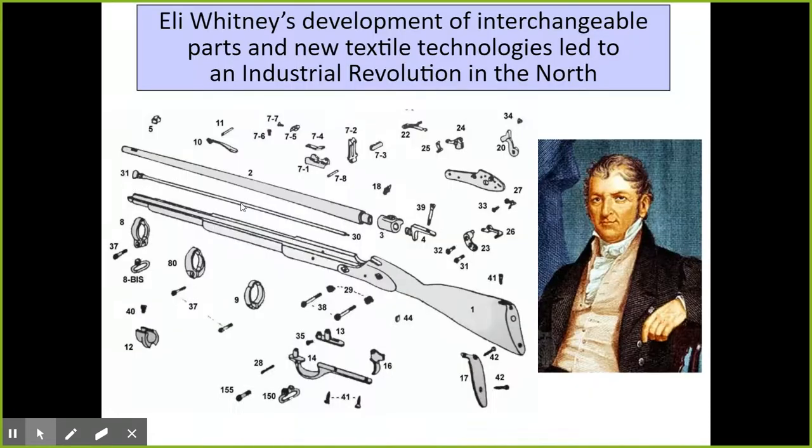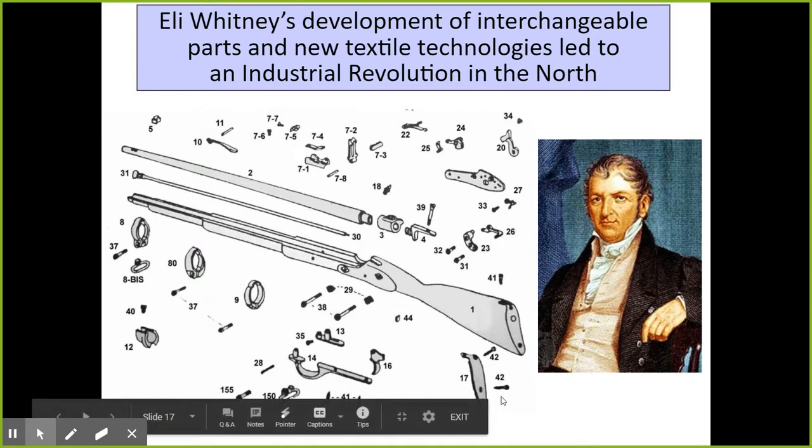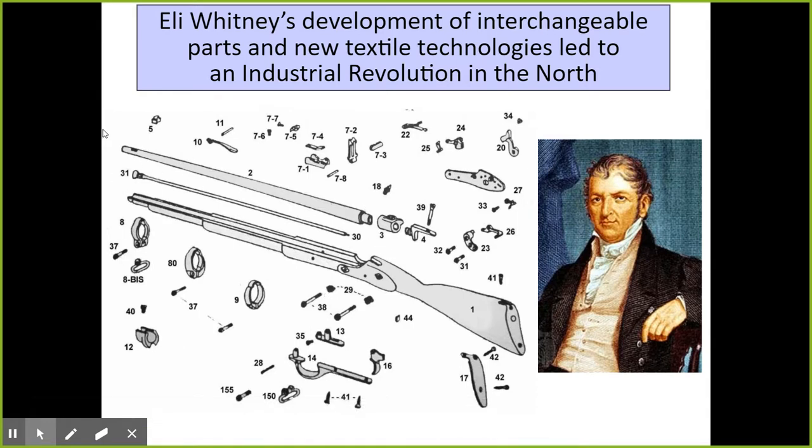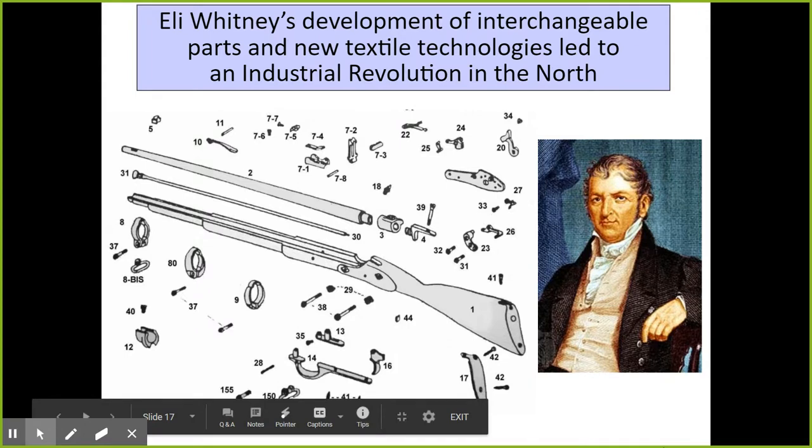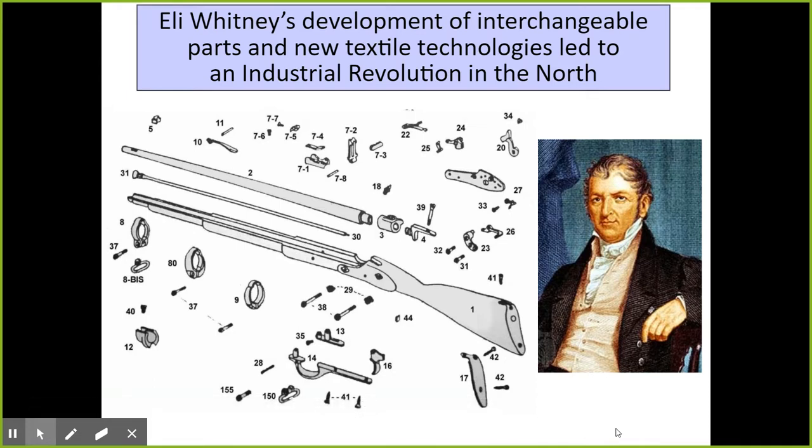Instead of one person making a whole gun from start to finish, fabricating the pins, the muzzle, the rifle tubing, the stock, the trigger, all of those things would have to be manufactured by one person. So what Eli Whitney begins to do is think about how he can make more of his item more efficiently.